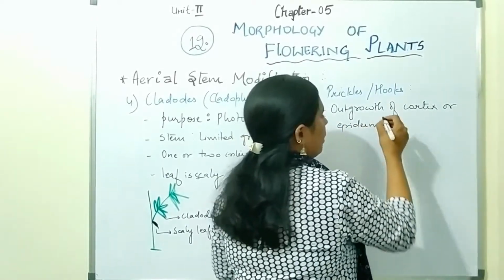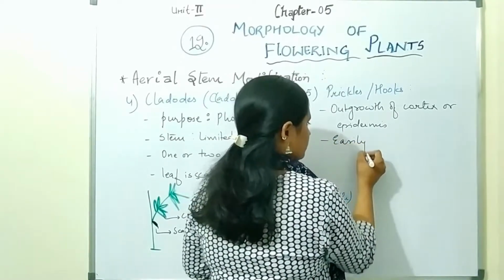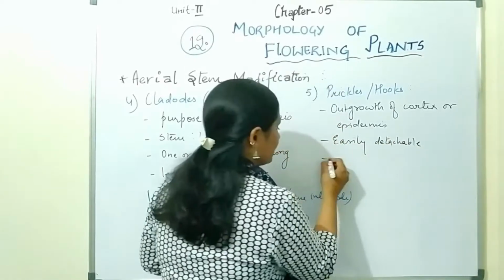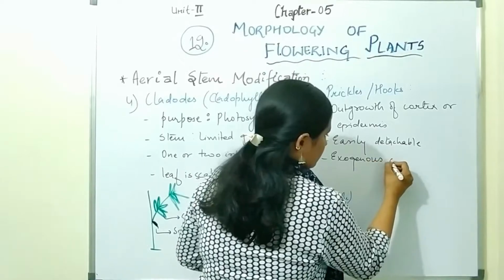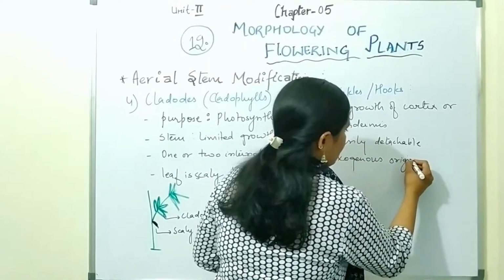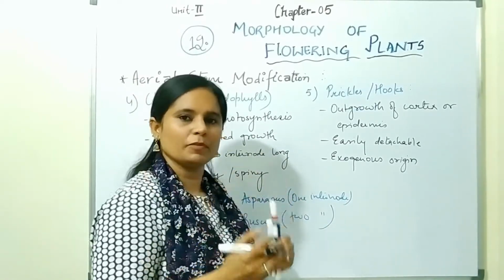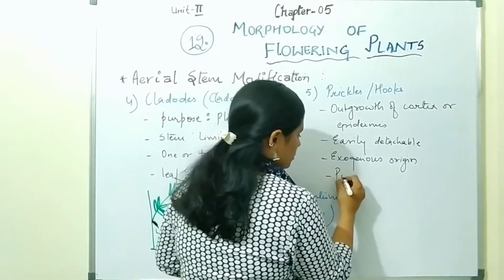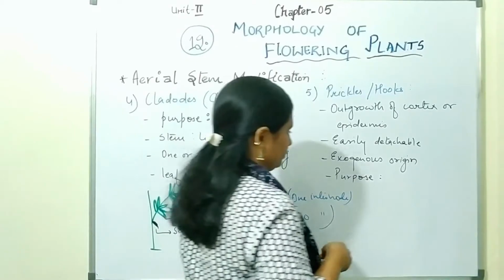They develop from cortex or epidermis, are easily detachable, and they are exogenous in origin. They are not connected with the innermost part. They are superficially arranged, and their purpose is climbing.